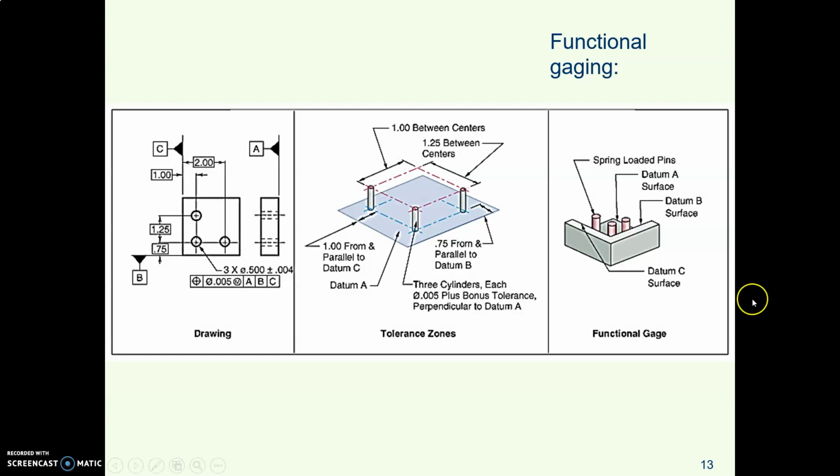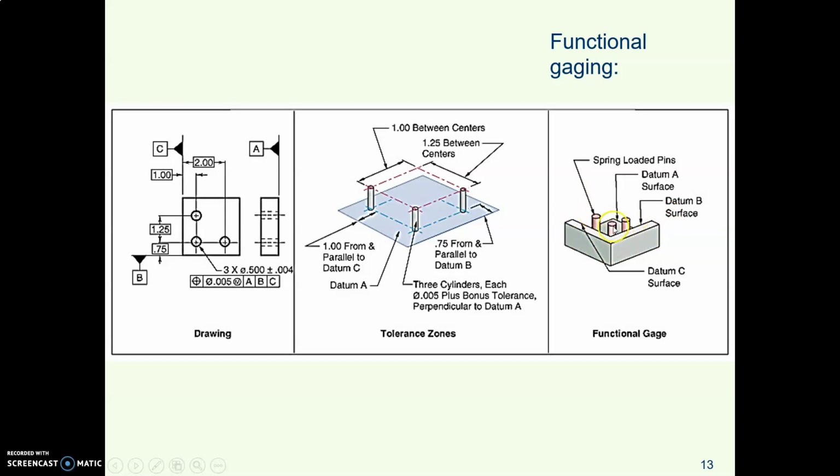Functional gauging is like this. So here's a part that's going to have 3 holes, and here's a geometric tolerance that says the position of those holes should be within this tolerance zone. So to inspect this part, rather than get calipers and gauges and all kinds of stuff and tediously measure everything, our inspector makes a functional gauge, and it looks like this for this part.